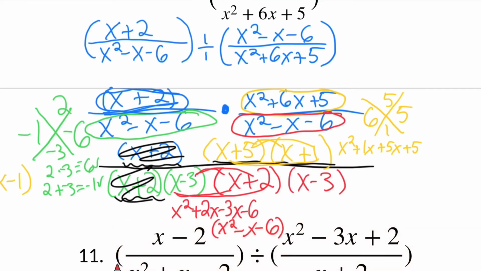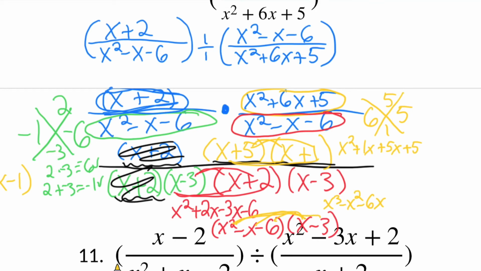We're going to multiply this by our x minus 3. So we're going to do x times x squared, which is x cubed. X times negative x gives me negative x squared. X times negative 6 gives me negative 6x.